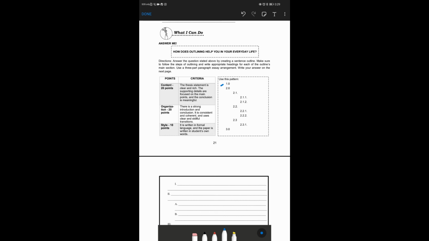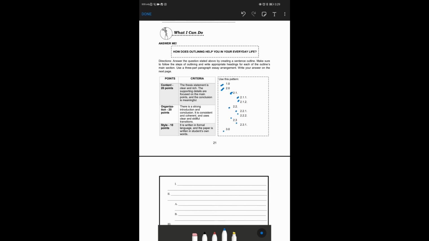Kumbaga, ito yung Roman numeral 1 natin kanina kasi naka-decimal system tayo of outlining eh. So, this would be your supposed Roman numeral 1. Tapos yung 2, Roman numeral 2. Tapos, ayan yung mga subtopic and then supporting details. So, ganyan daw yung gagamitin yung pattern. So, parang din siya yung kanina. Okay?